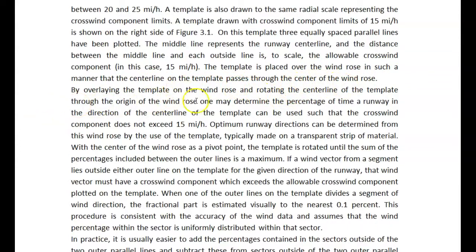By overlaying the template on the wind rose and rotating the center line of the template through the origin of the wind rose, one may determine the percentage of time a runway in the direction of the center line of the template can be used such that the crosswind component does not exceed 15 miles per hour. Optimal runway directions can be determined from these wind roses by the use of a template typically made of transparent strip material.